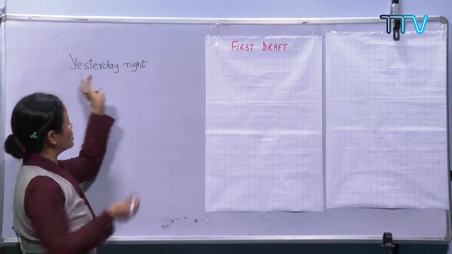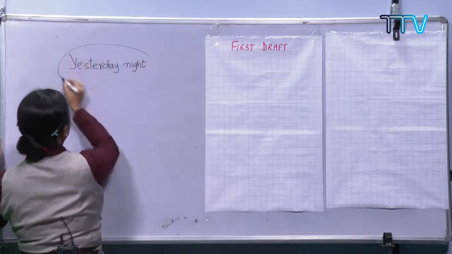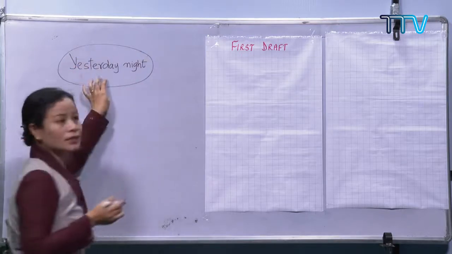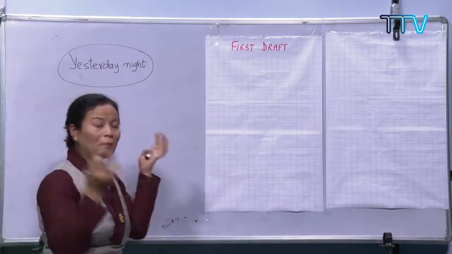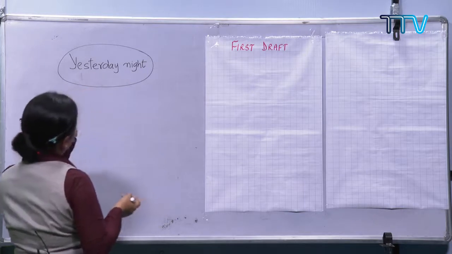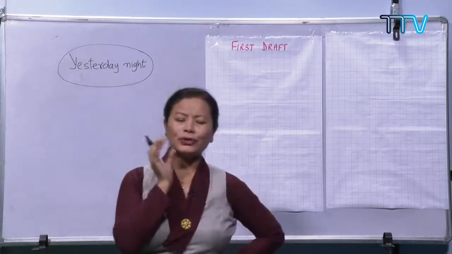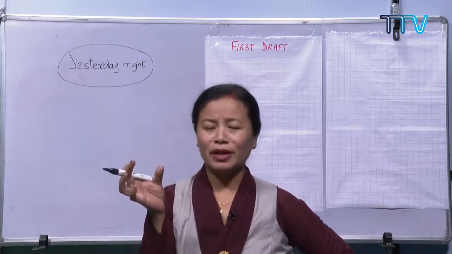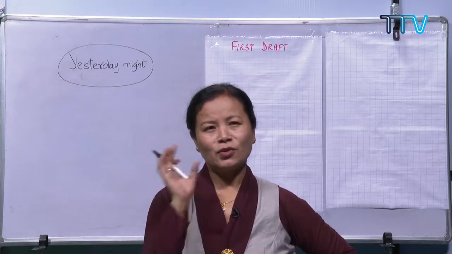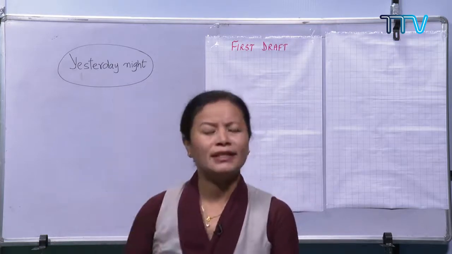You keep this topic as the main focus, and what you need to do is build your ideas around this. You have to map. Idea mapping or mind mapping. So yesterday night. Now before you write, what are you going to write about your yesterday? You have to describe yesterday night, isn't it? So what is the thing that comes to your mind first when you write the topic yesterday night?